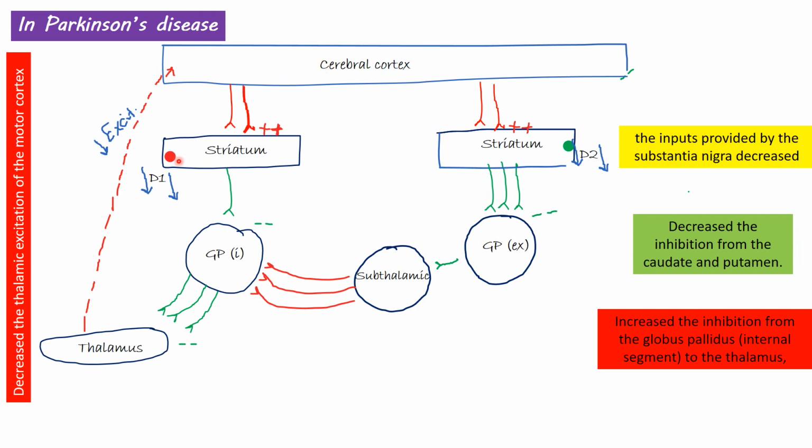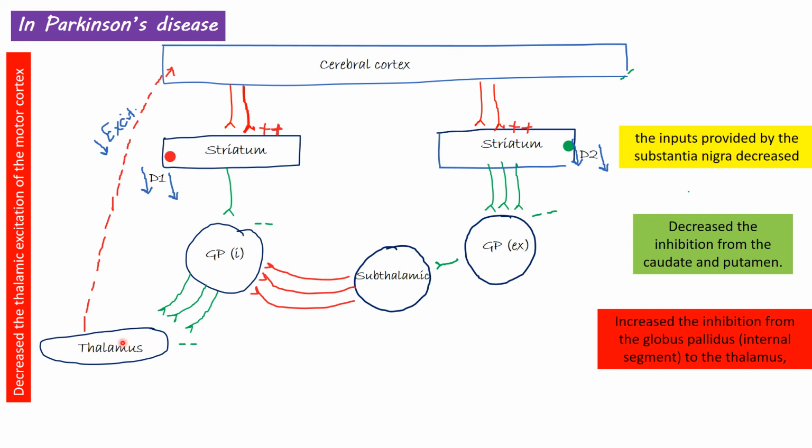Again, decreasing dopamine in the striatum usually decreases the activity of the striatum in the direct pathway. It will lead to decrease in the release of GABA on the globus pallidus internal segment, leading to more secretion of GABA from the globus pallidus to the thalamus, more inhibition of the thalamus, less excitation of the cerebral cortex.